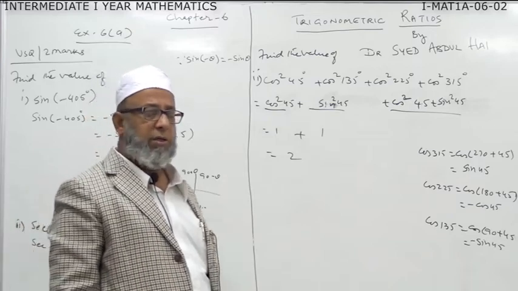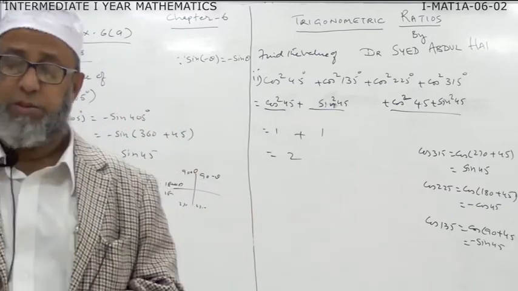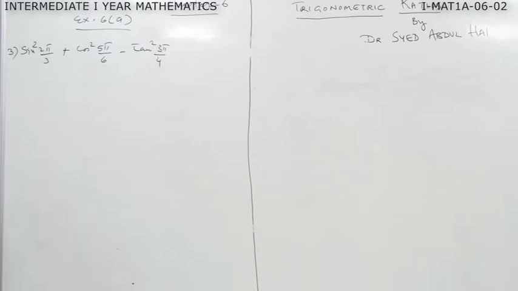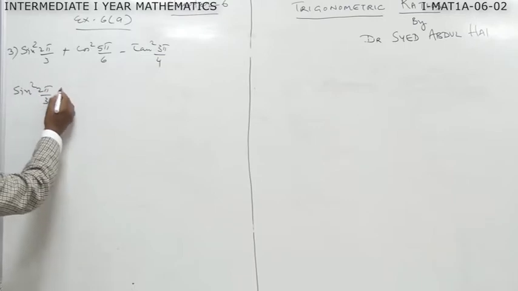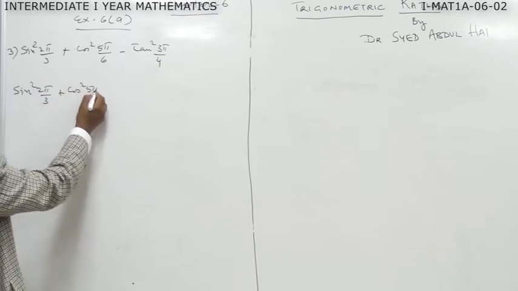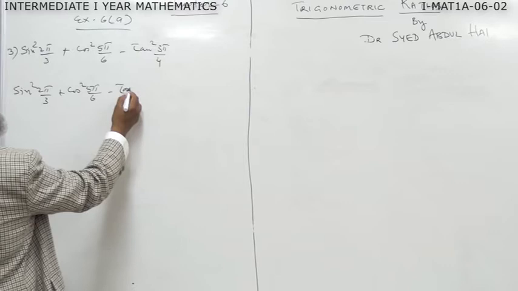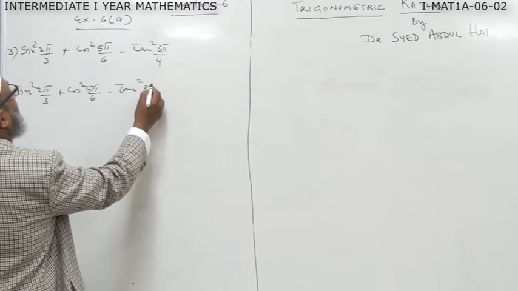Is it clear? Now, the next question is sin square 2 pi by 3 plus cos square 5 pi by 6 minus tan square 3 pi by 4. This can be written as sin square 2 pi by 3 plus cos square 5 pi by 6 minus tan square 3 pi by 4.